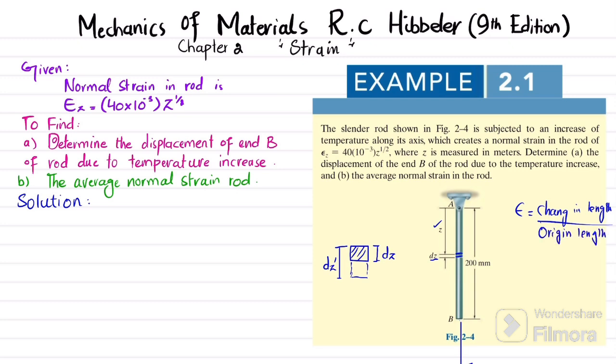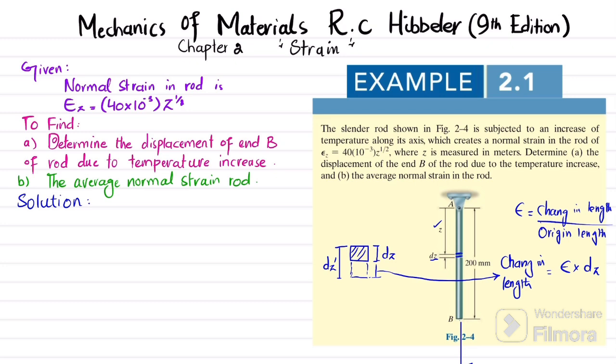So the change in length will be equal to this strain times the original length, and the original length is dz. So this is the change in length.